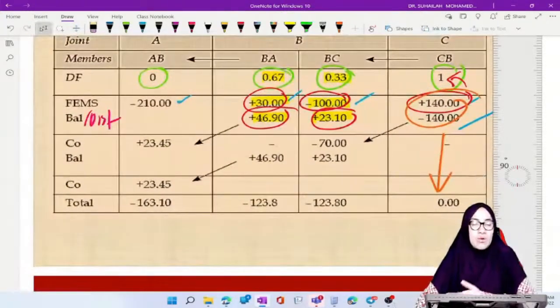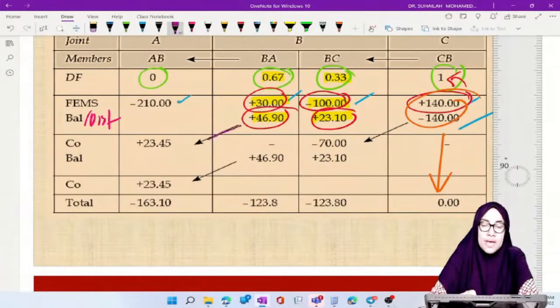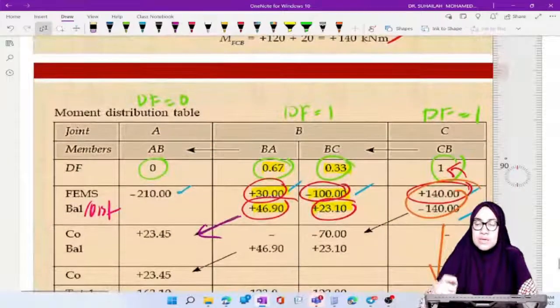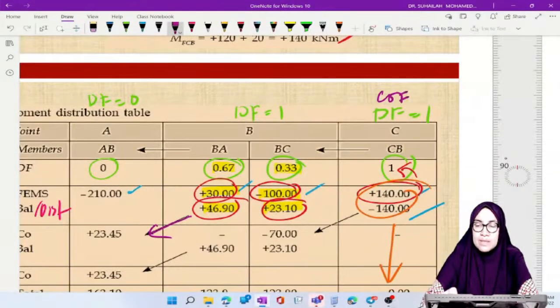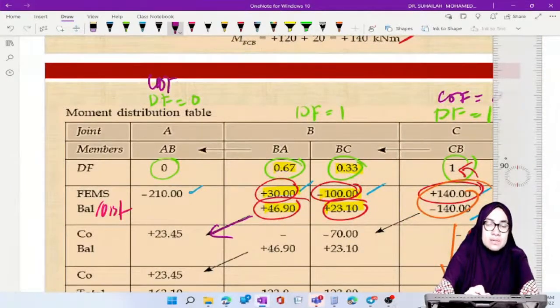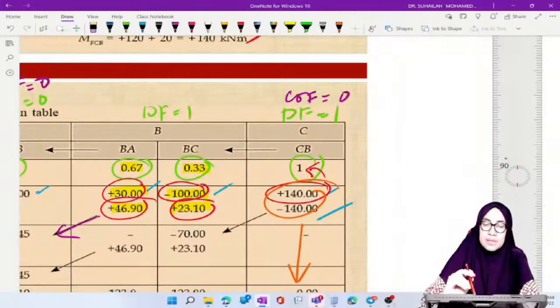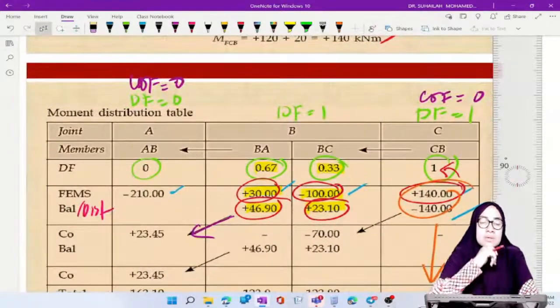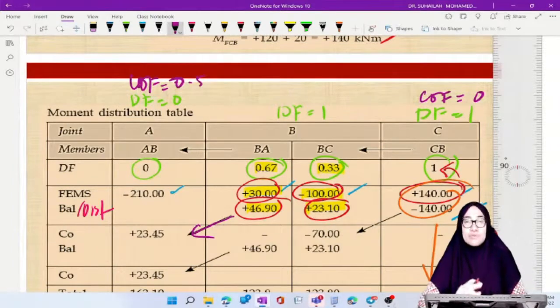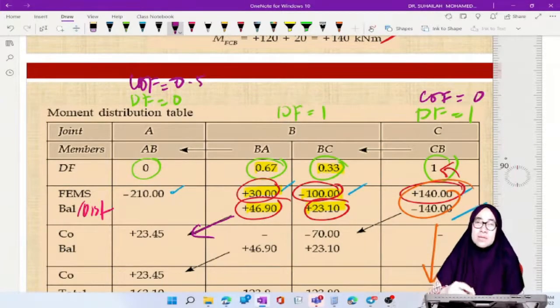So for carryover, we can carry to A because A is fixed, but we can't carry to C because the factor is 0. The carryover factor is 0.5 for fixed or internal support, and 0 for roller and pin.